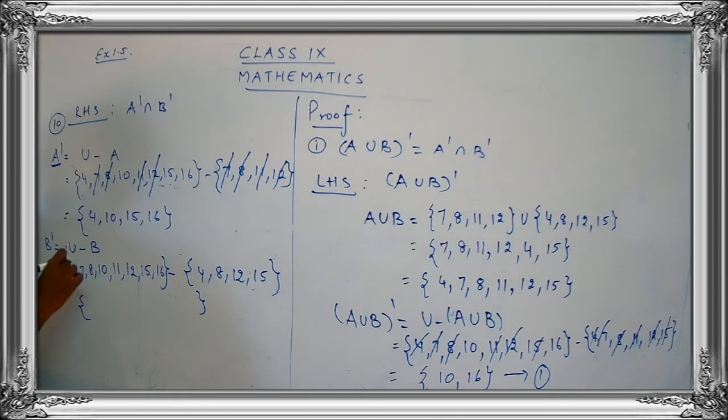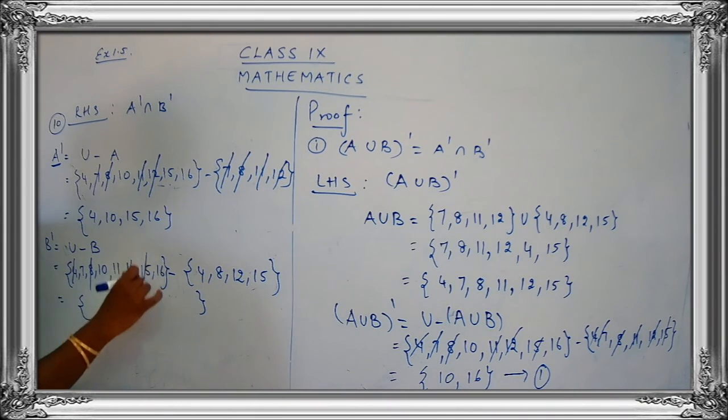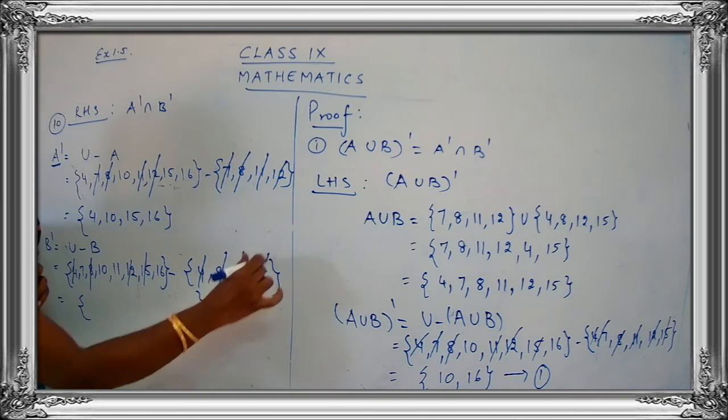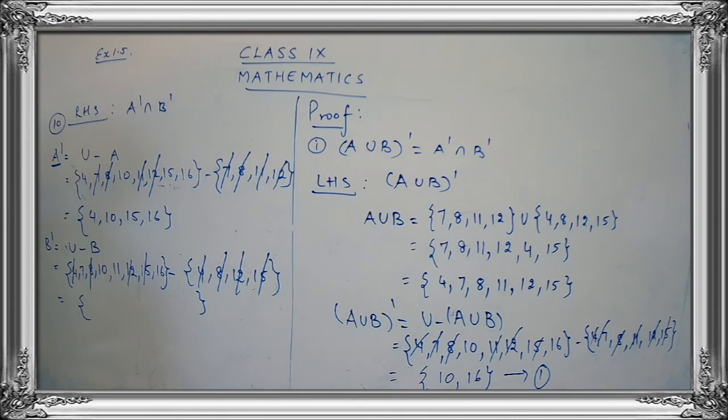Cancel the common. What is left here? 7, 10, 11, 16. So I have found A dash and B dash.